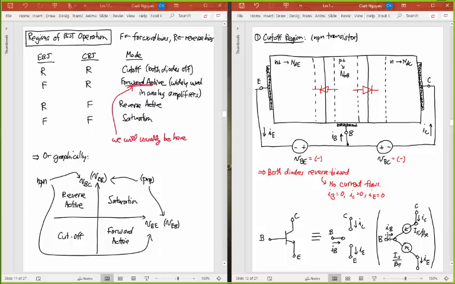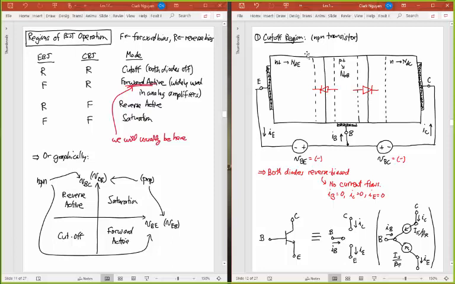We've talked about how current flows in diodes. And so now what we're most interested in here is the currents that flow in the PN junctions when we bias these differently. The currents are still going to be dictated by the same equations that we had for diodes. But now what we're more interested in is which currents will flow.